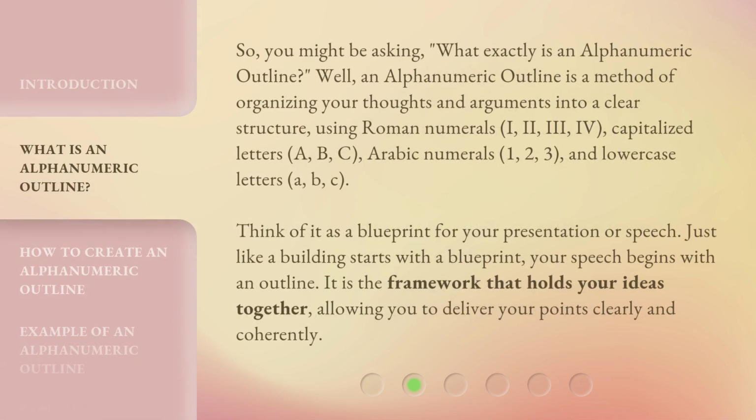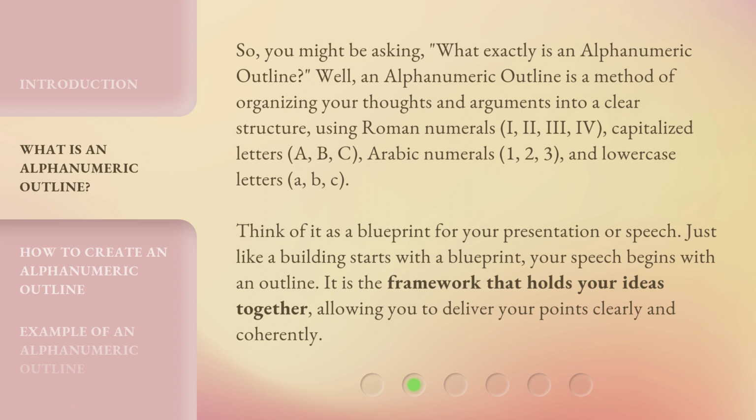So, you might be asking, what exactly is an alphanumeric outline? Well, an alphanumeric outline is a method of organizing your thoughts and arguments into a clear structure, using Roman numerals I, II, III, IV, capitalized letters A, B, C, Arabic numerals 1, 2, 3, and lowercase letters a, b, c.